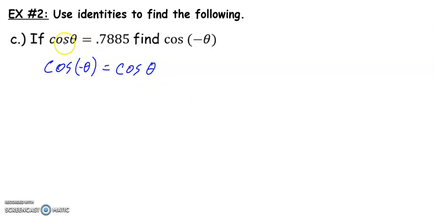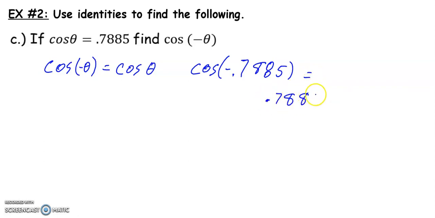So if cosine is positive 0.7885, well, what happens when we plug in negative 0.7885? Well, we're going to get out an even value, so 0.7885.